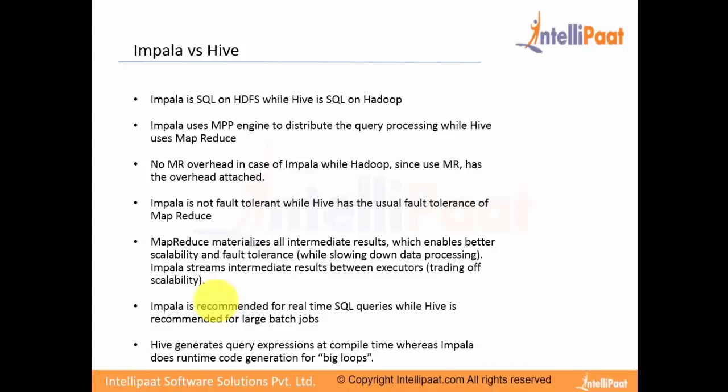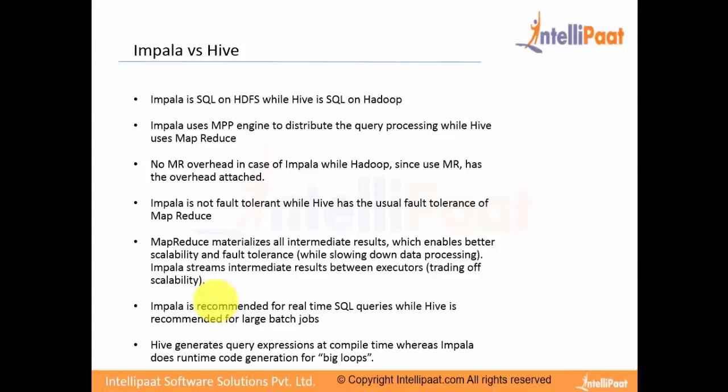For example, I have a query which is going to process a table employee, and the data for this table employee is stored on 10 different nodes. Now, when I trigger my query, it will be triggered on 10 different nodes to leverage the parallel processing paradigm. But assume one of those nodes fails.